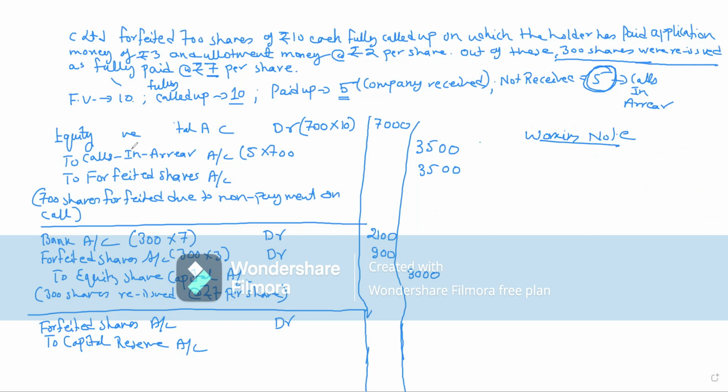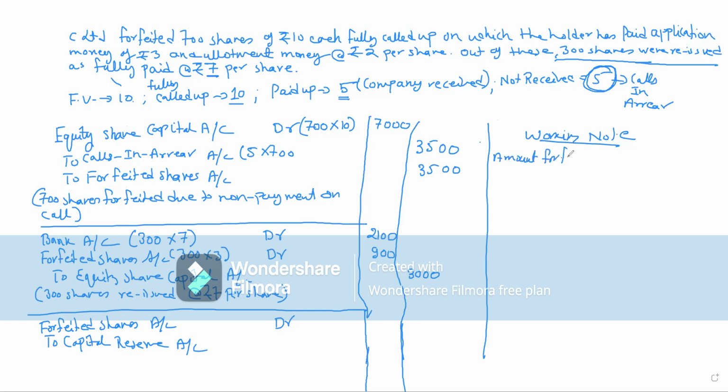On forfeiting 700 shares, what is the amount forfeited? What is the amount forfeited on 700 shares?